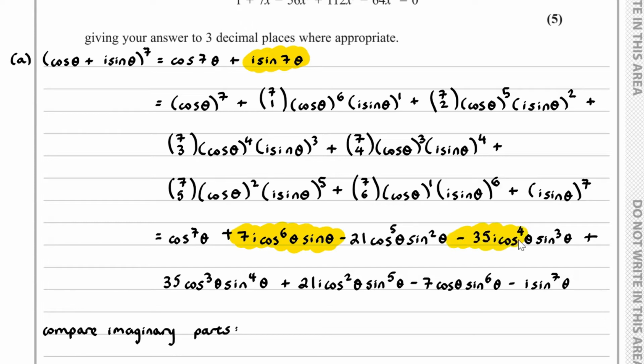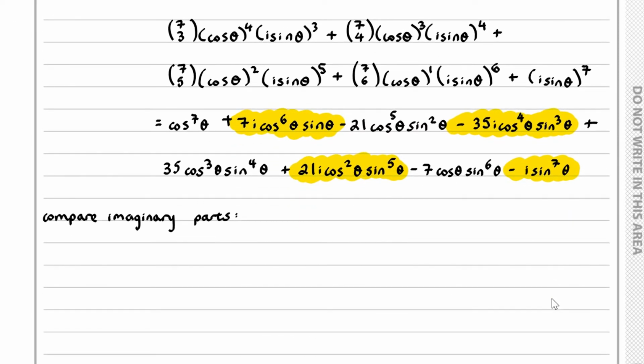Then we've got minus 35i cos theta to the 4 times sin cubed theta. Then we've got 21i times cos squared theta times sin theta to the 5. And then we've got minus i sin theta to the 7.